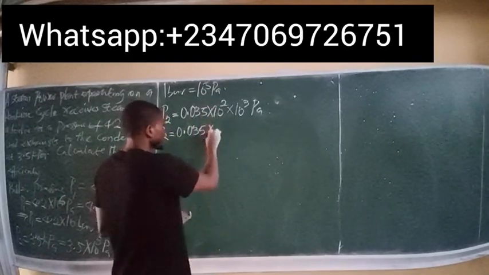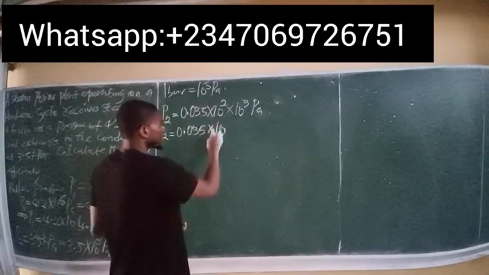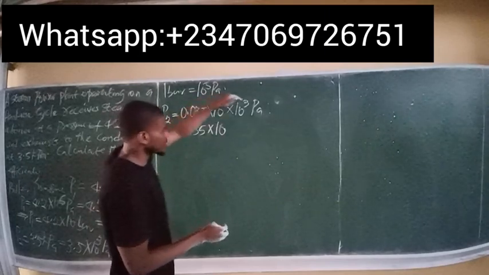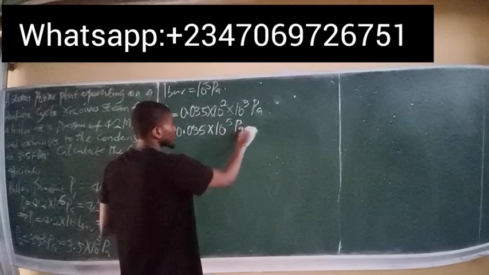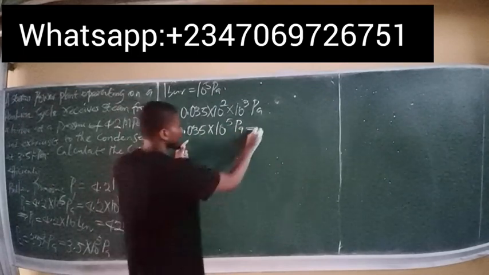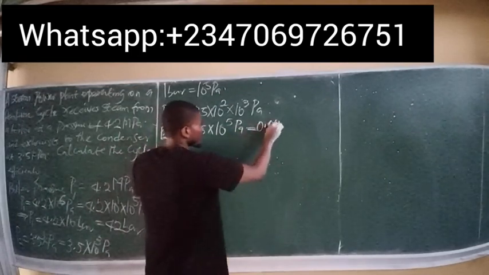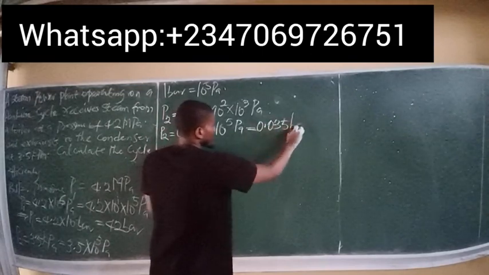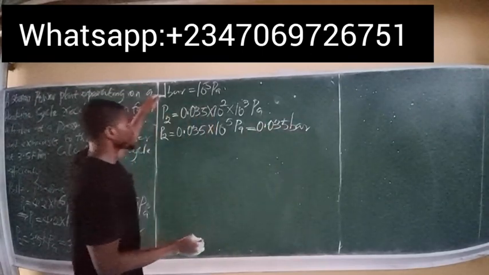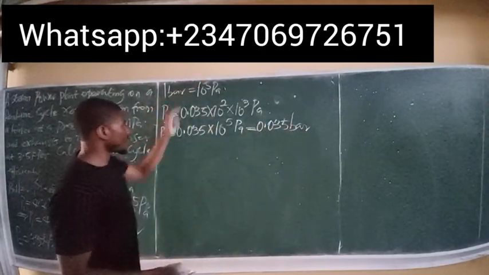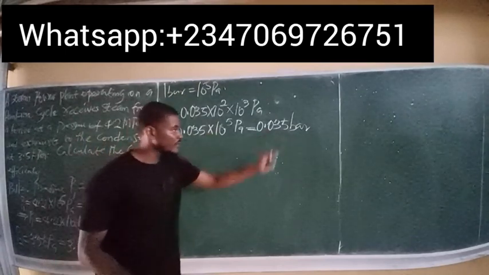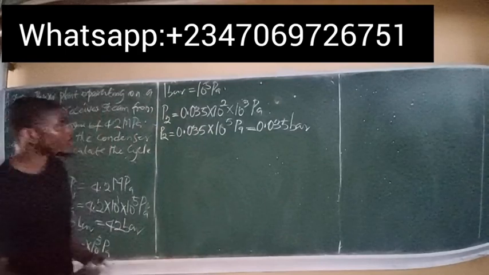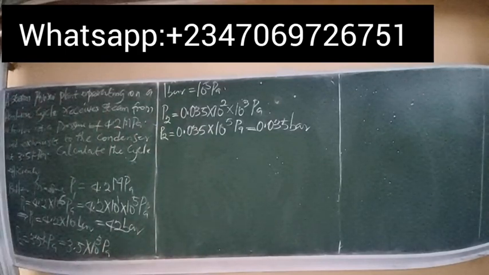So you simply pick one of the 10s since they have the same base and add their powers. It becomes 2 plus 3, which is 5 Pascal. So this is equal to 0.035 bar, because 1 bar is equivalent to 10 to the power of 5. So that becomes the pressure of the condenser.